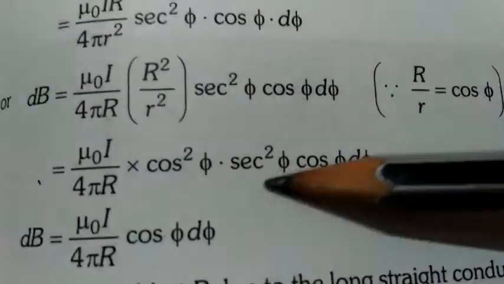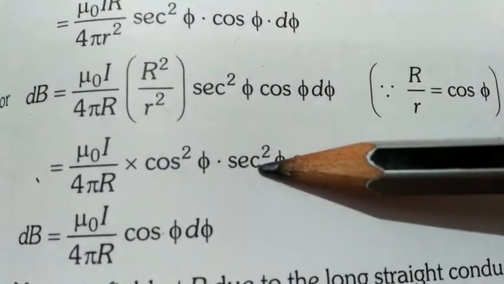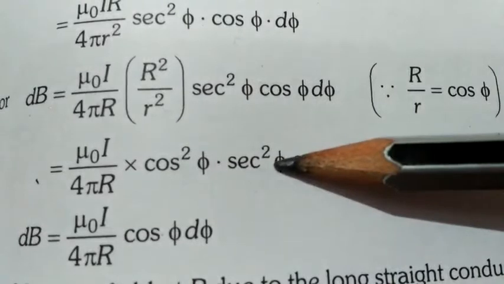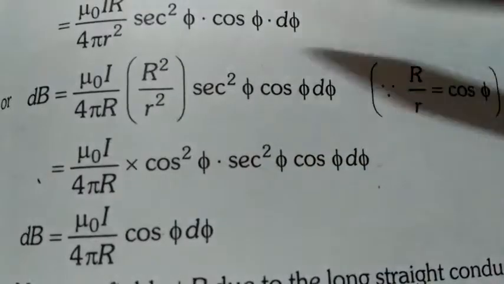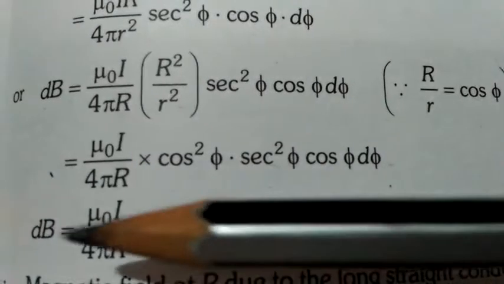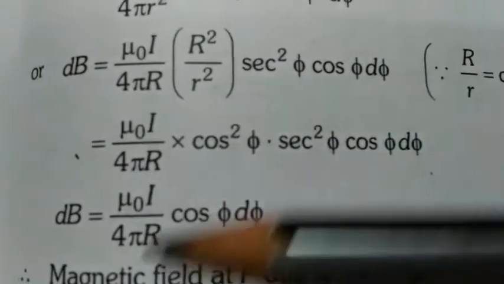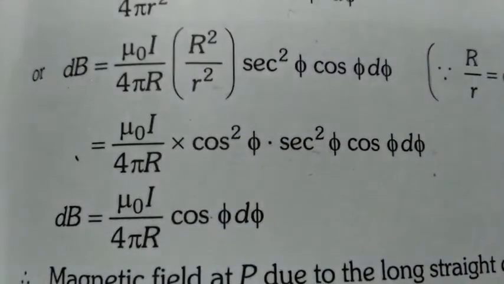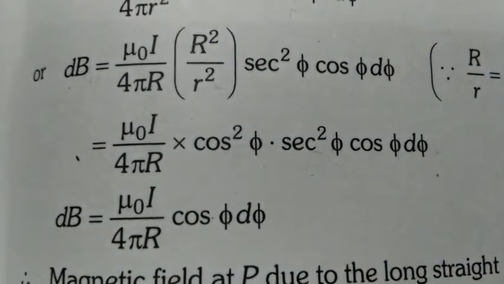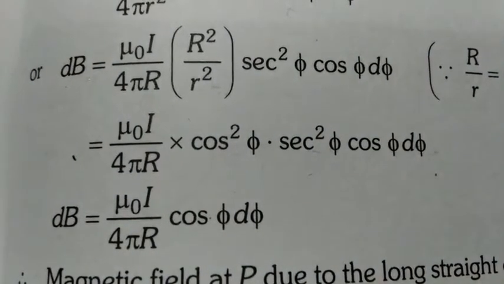Cos square and sec square are reciprocal to each other, so cos square into sec square becomes 1. We have only cos phi d phi here now. So dB equals mu naught I upon 4 pi R, cos phi d phi. This is the final value of dB we get from here.